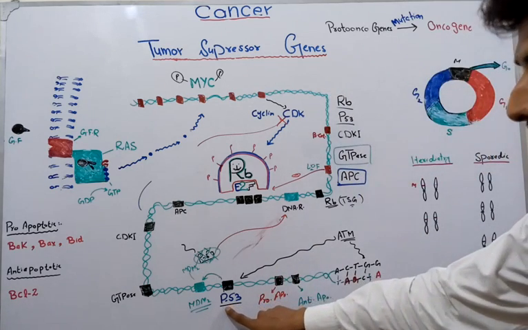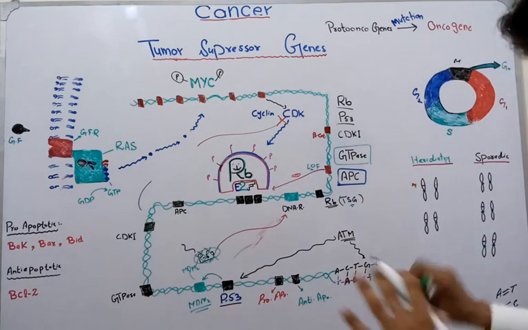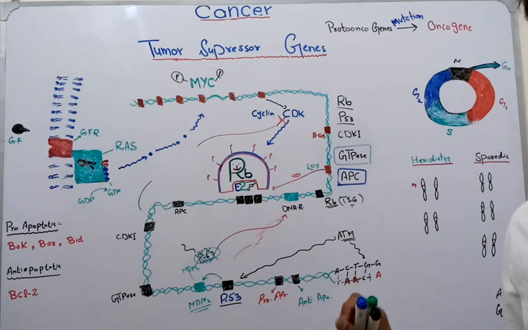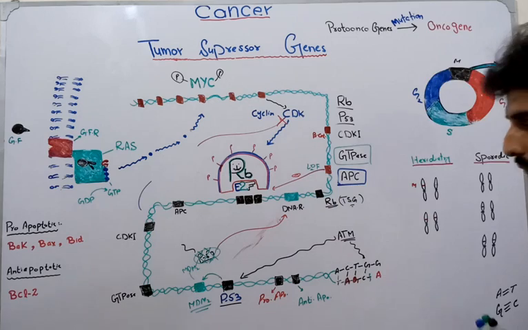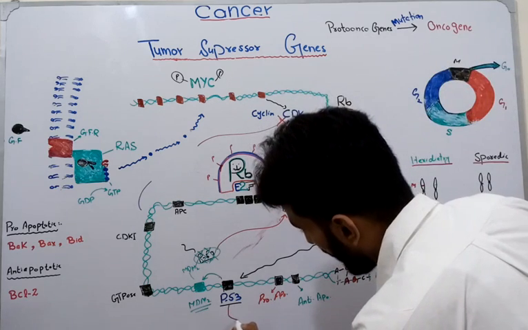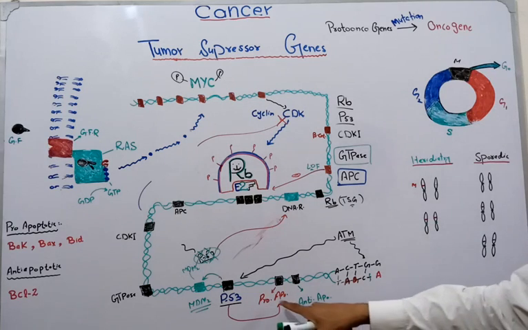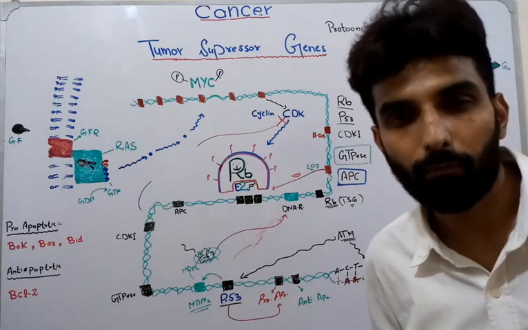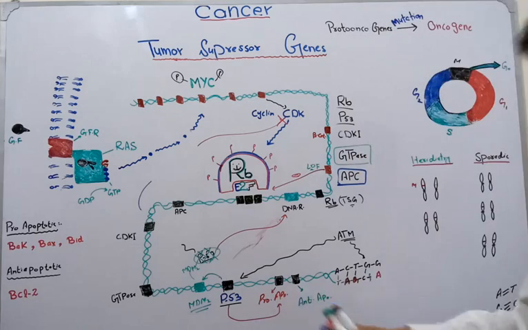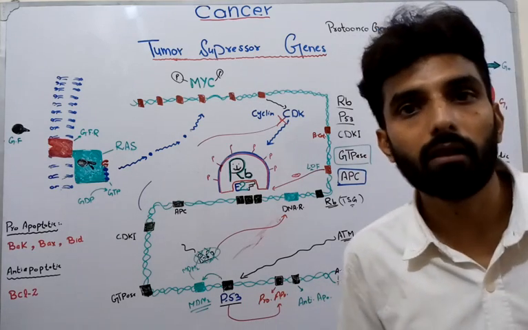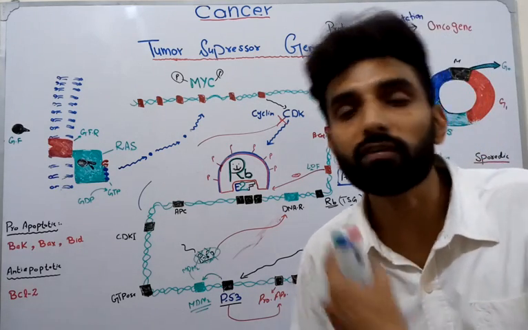When this P-53 receives a message that the mutation is permanent and it has not been removed by DNA repair genes, now what will it do? It will go and activate apoptotic genes. Pro-apoptotic genes, like those genes which are responsible for inducing apoptosis, programmed cell death, in the cell.